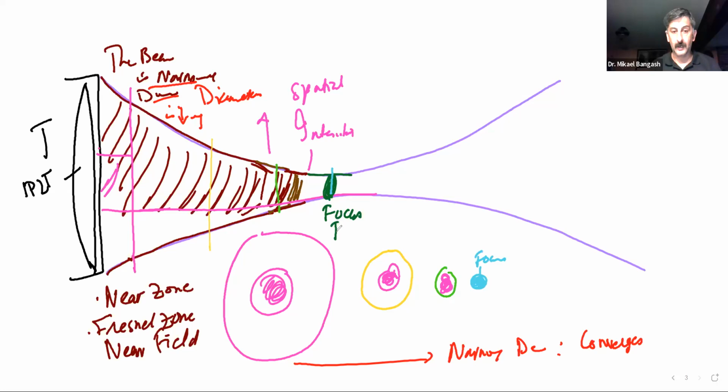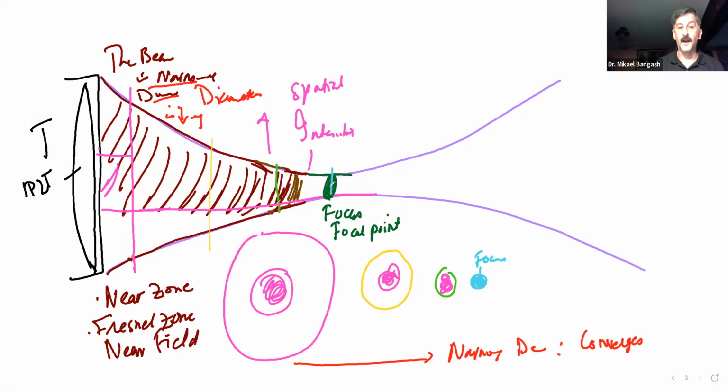It can also be referred to as the focal point. Clear? The focal point means that it is a point in the beam where it will focus.